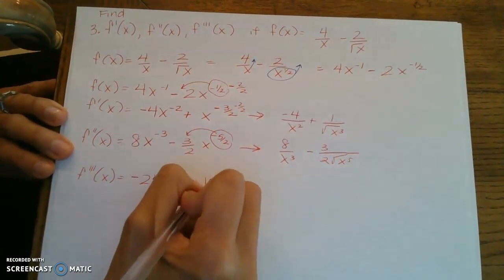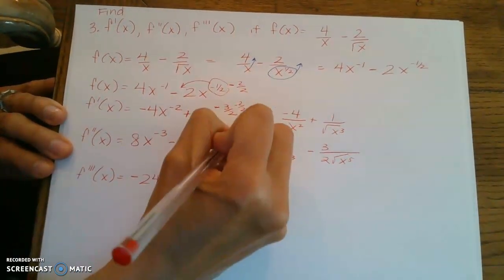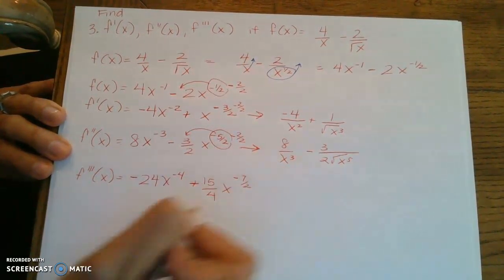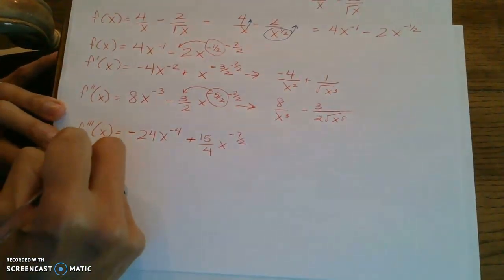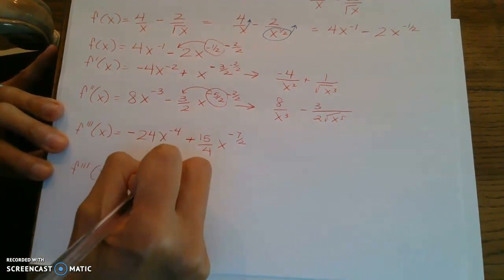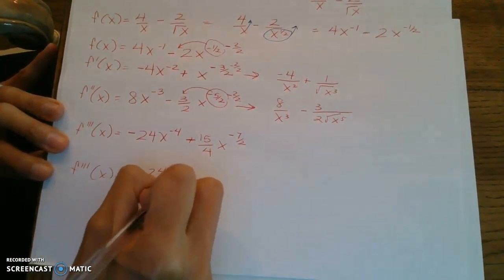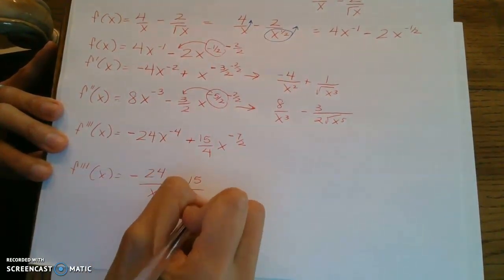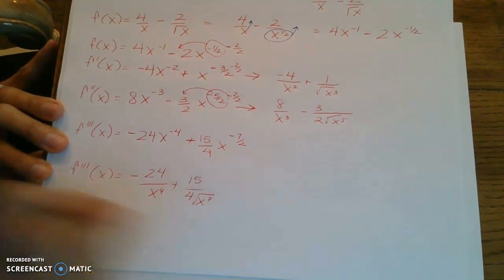So I get 15 over 4x, and you're dropping this down by a whole. That becomes negative 7/2. And your final answer, your third derivative, without negative exponents, would be negative 24 over x to the 4th plus 15 over 4, and that x down here, square root to the 7th power.